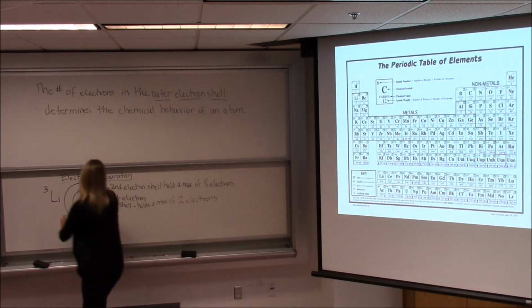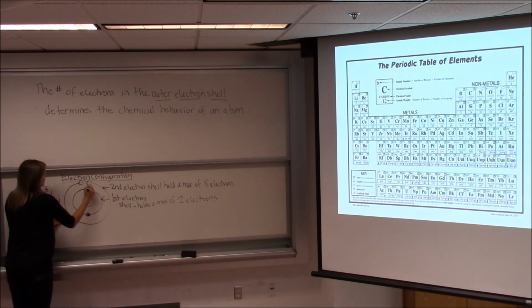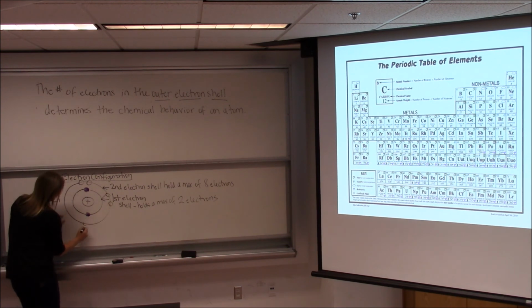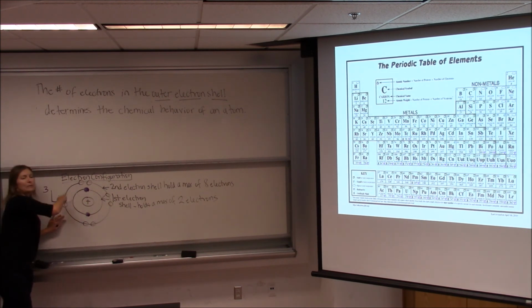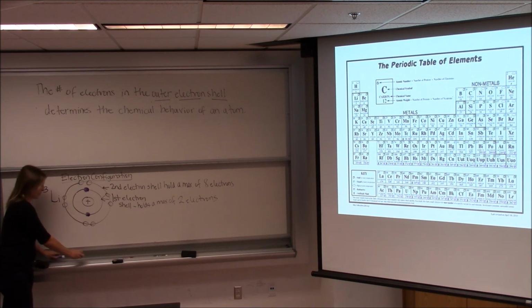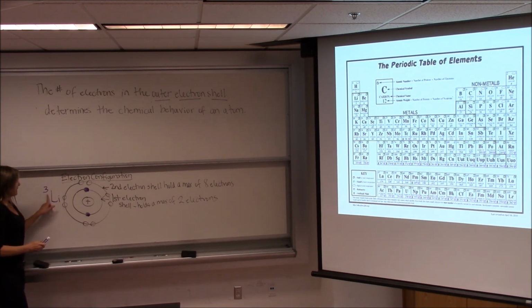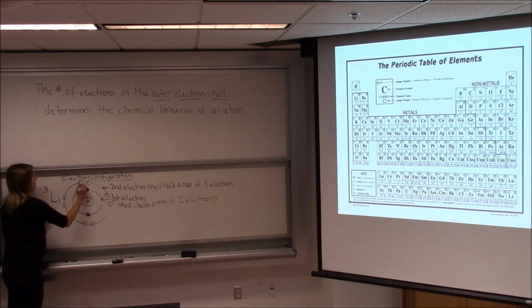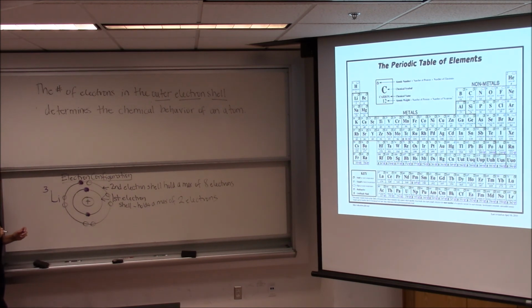Okay, so 8 spots available: 1, 2, 3, 4, 5, 6, 7, 8. I'm drawing them this way to create a pattern that will follow as we start drawing molecules. It's just an easier way to depict this on the board. It's really not reality. It's just an easier way to draw it. Okay, so lithium has 3, 1, 2. That means lithium has 1 electron in that outer shell.